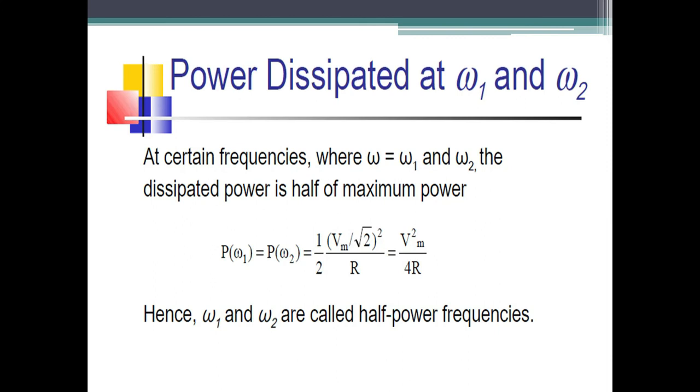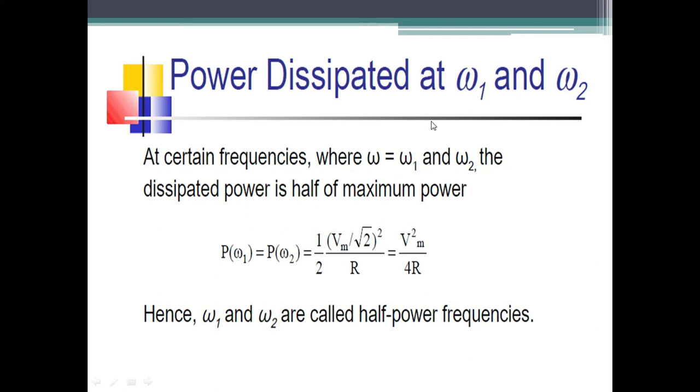Then again, the power dissipated at the two frequencies, the lower cutoff frequency and the upper cutoff frequency. At a frequency where omega is equal to omega 1 and omega 2, the dissipated power is half of the maximum power.